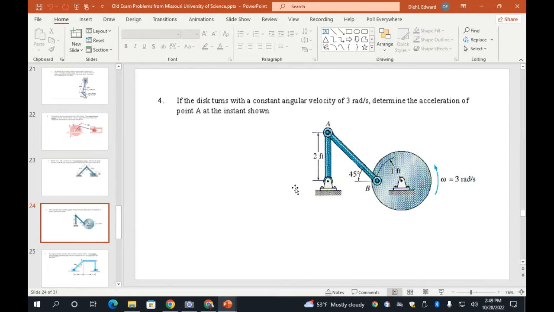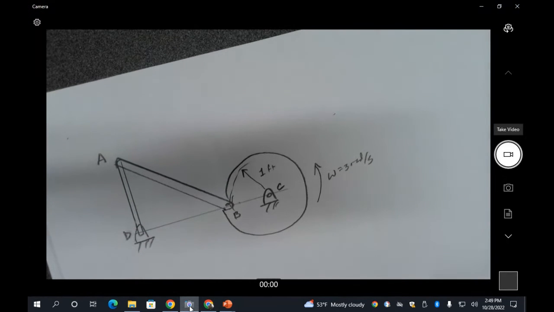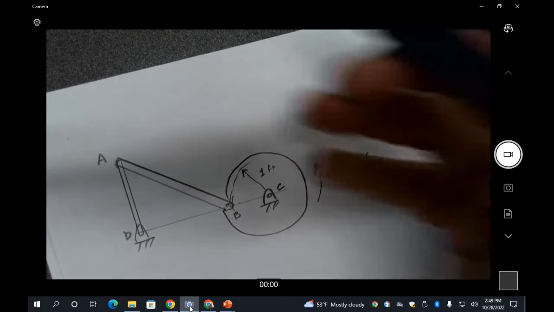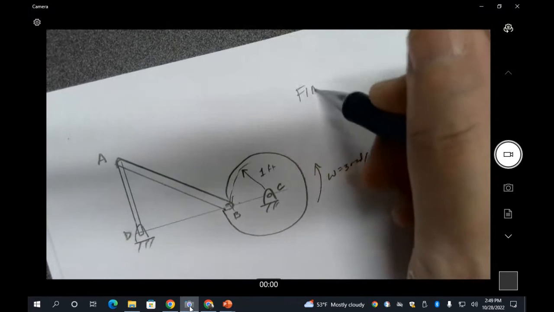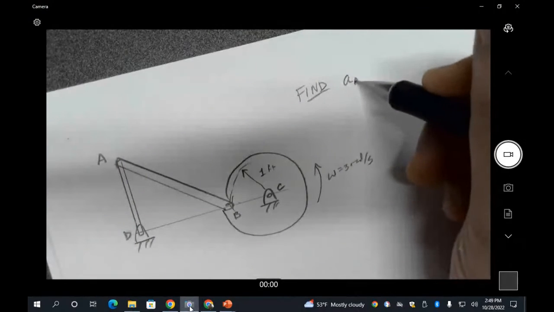I don't like O, so I'm going to label that one D. It doesn't really matter, it's just the alphabet. So these guys must be in line with each other, and we're trying to find the acceleration at A.